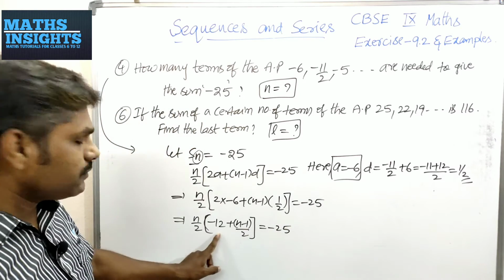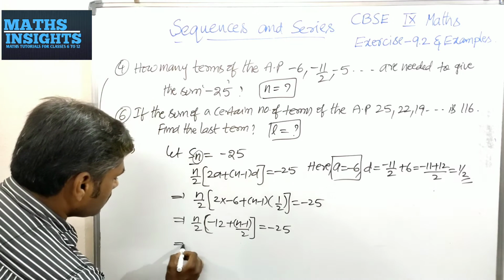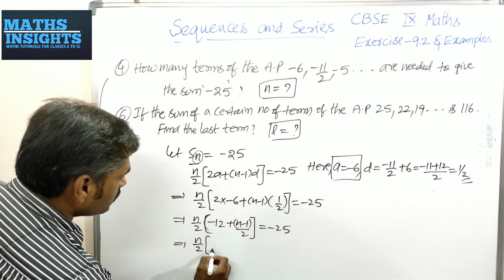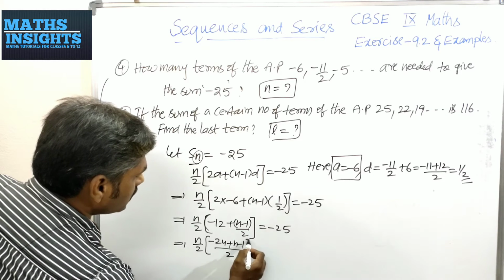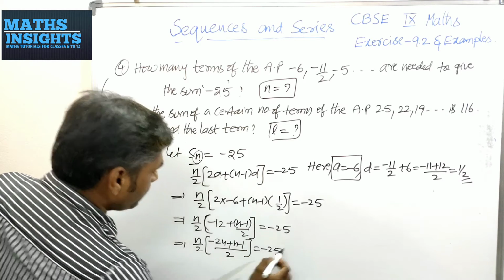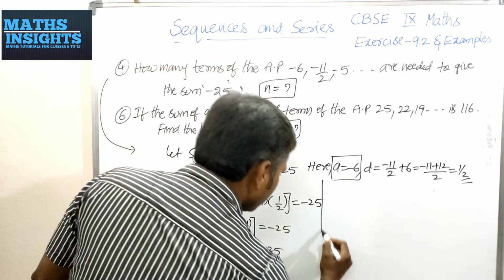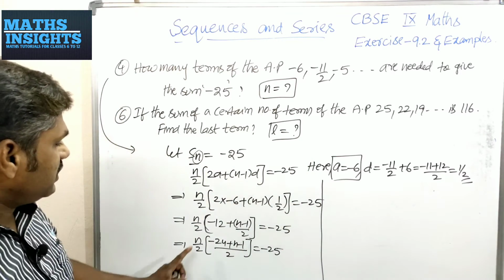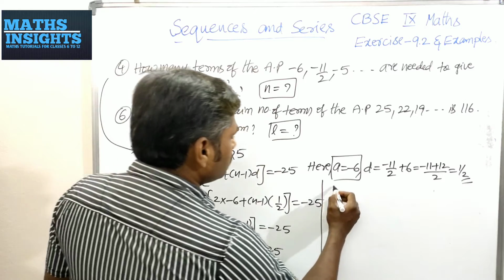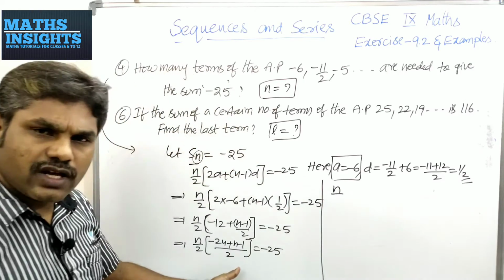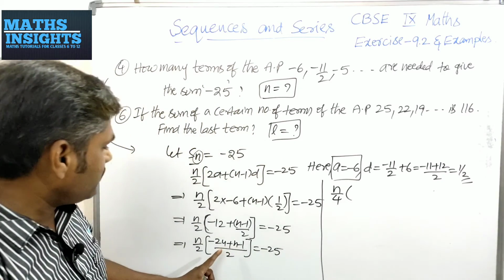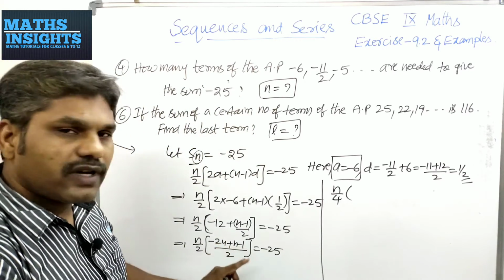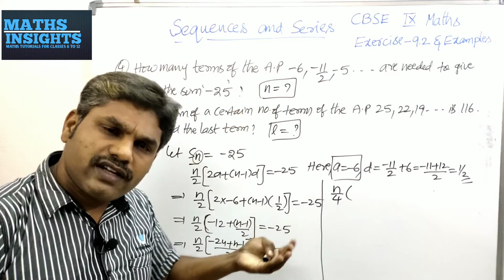Now I am taking LCM, that is 2. So n by 2 into this will become minus 24 plus n minus 1 by 2, that is equal to minus 25. Okay, then what happens here? See, this n into 2 twos will become 4, into, see, this will become minus 24 minus 1, that will become minus 25.